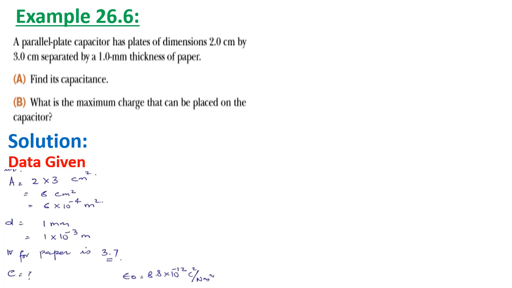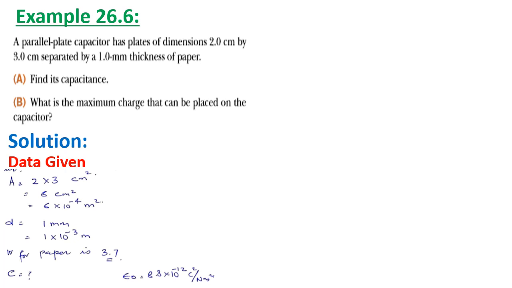It's given that the plate is of dimension 2 centimeters by 3 centimeters. So 2 into 3 will give us the area of the plate, that is 6 centimeter square, and we have to convert the centimeter square into meter square. So by converting that, I'll be getting 6 into 10 raised to the power minus 4 meter square.